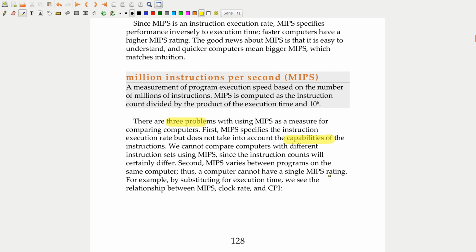So if a program has very low latency instructions, say it's all adds, it's 1 million adds, that's going to be done very quickly. But if we start doing a bunch of loads and stores, all of a sudden we're using a memory subsystem, and that might take a while.